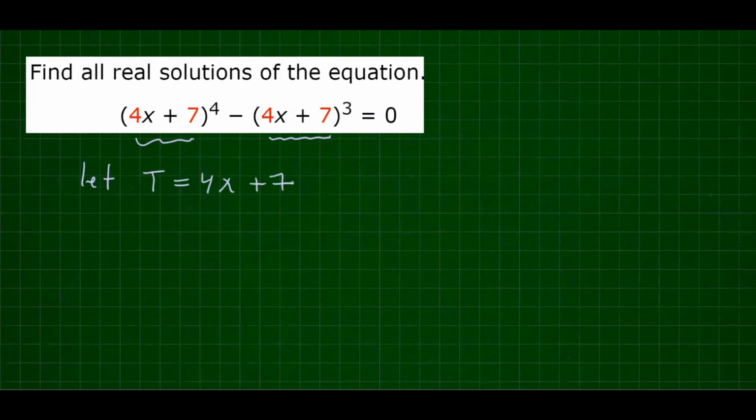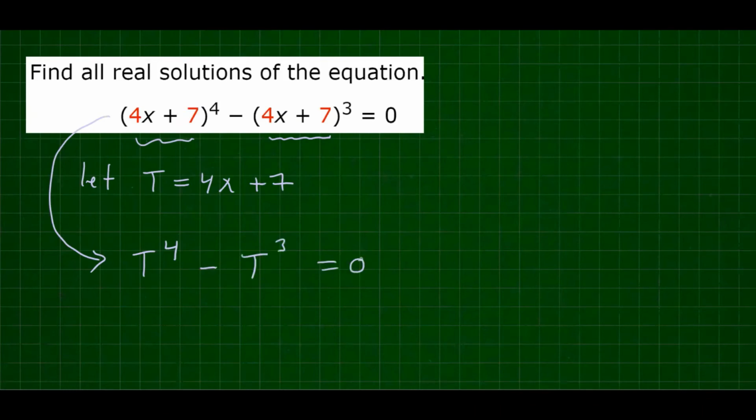So everywhere you see 4x plus 7, you replace it with this variable t. So then our equation now becomes t to the fourth minus, and then 4x plus 7 replaced with t, so that would be t to the third equals 0.